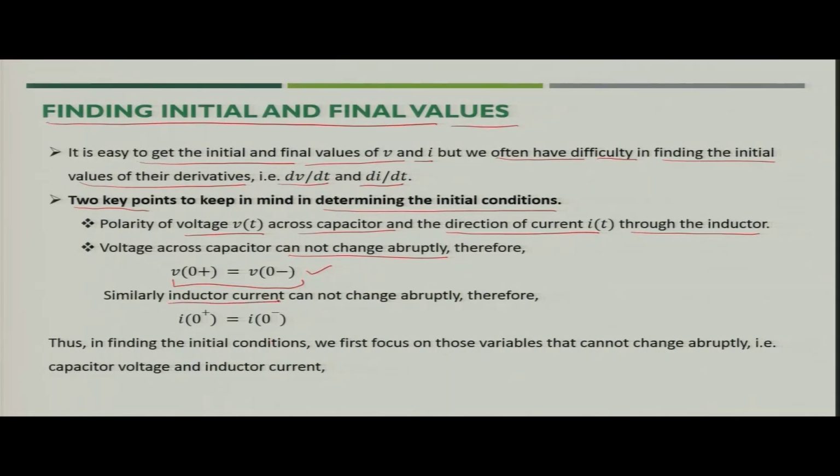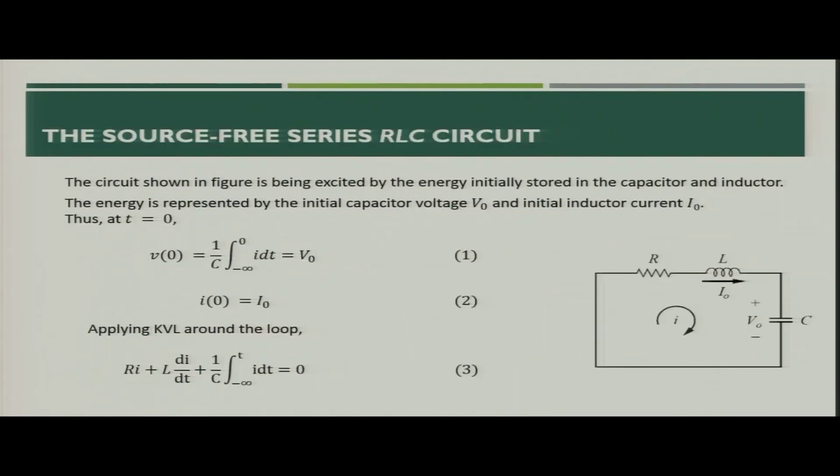Similarly, the inductor current cannot change abruptly, therefore i(0 minus) equals i(0 plus). Thus, in finding the initial conditions, we first focus on those variables that cannot change abruptly, that means the voltage of the capacitor and the current flowing through the inductor.